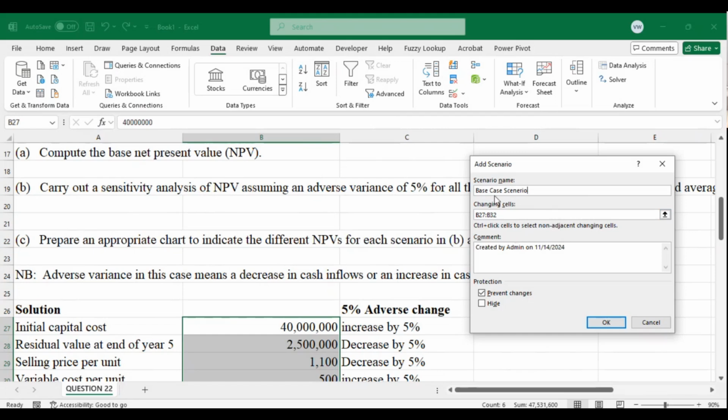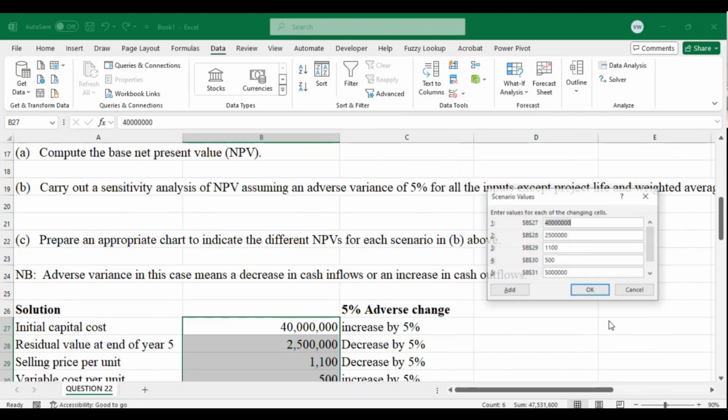I've already highlighted the range of cells that I want to change, from B27 to B32. Now that I've called this the best case scenario, I'll say okay. And these are the values in all those scenarios, the 40 million, the likes.